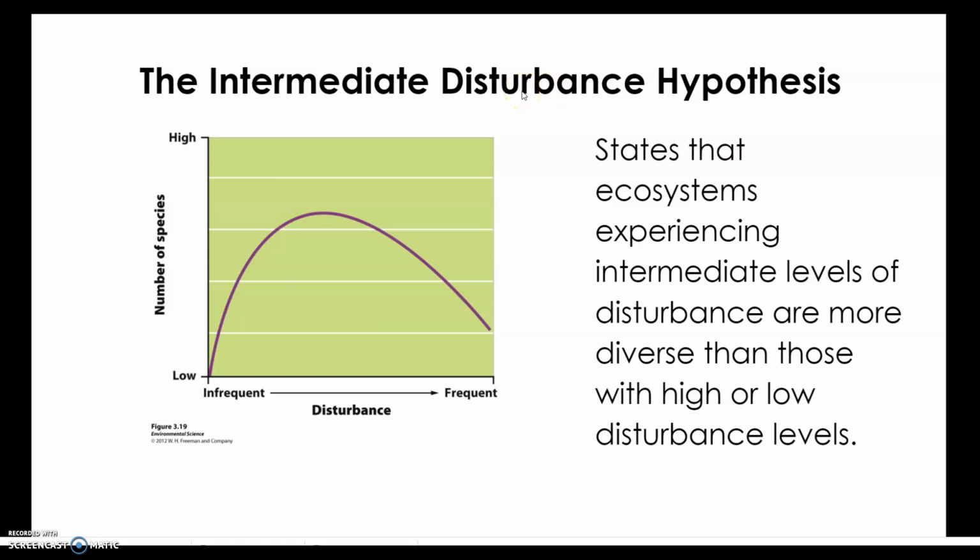So as we've seen, not just from anthropogenic influences, but natural disasters as well, we can see that there's like a happy medium. If there's an ecosystem where there's not a lot of bad stuff happening, typically there's not a lot of species, or it can also bounce back very well, okay?